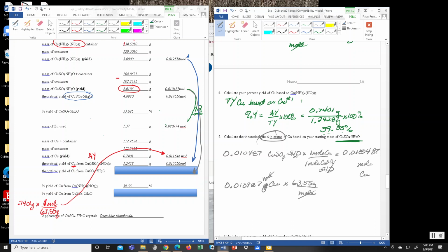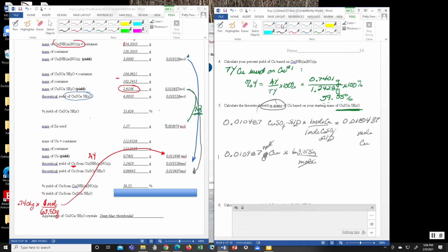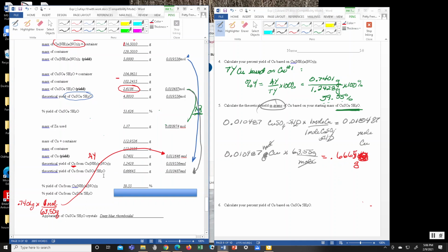And we ended up getting 0.66645. 5 significant figures. Well, we can round it to just 4 because I only had 4 there. Grams. And that's my theoretical yield from copper sulfate pentahydrate.